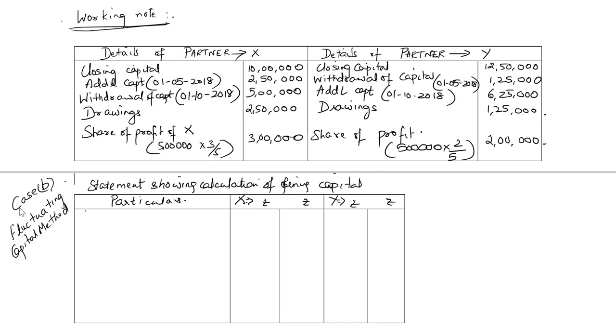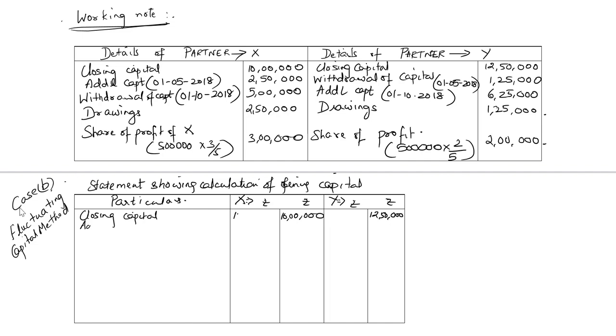I'll begin with the closing capital. For X it's rupees 10 lakh, and for Y it's rupees 12 lakh 50,000.